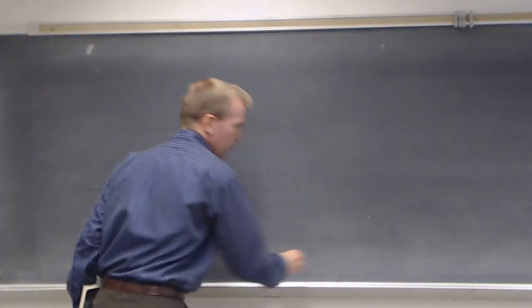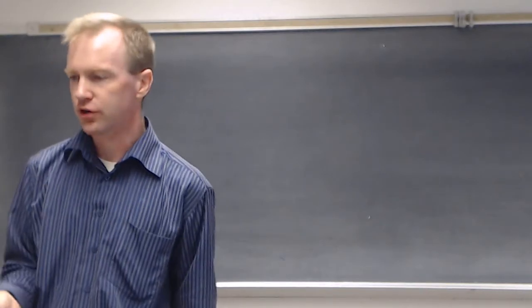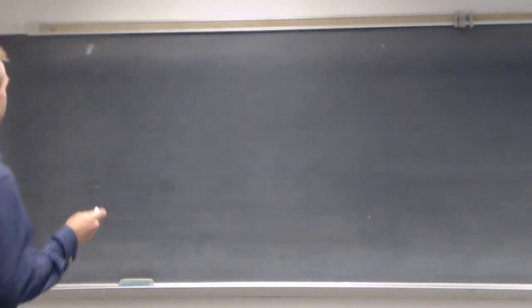Now, let's use some of this. Something that's going to be useful with these large and very large numbers is called Stirling's approximation.